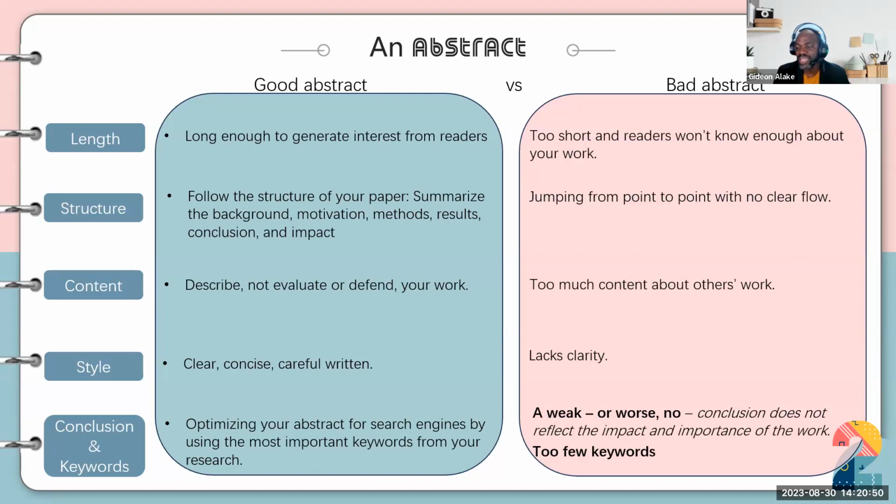So where I'm going with that is that you have to generate interest in people with how you put out your work. And the best way to do that is to do a summary. In fact, right now I'm working on a personal project.